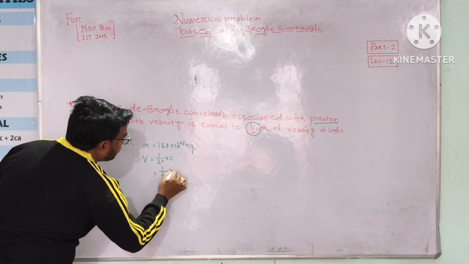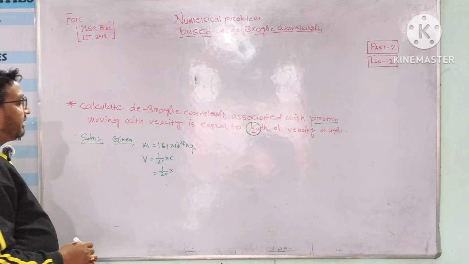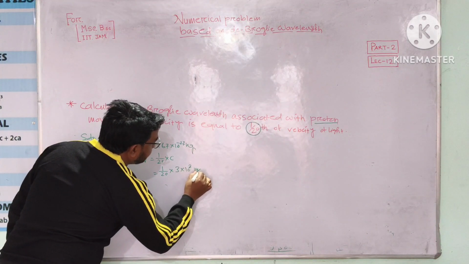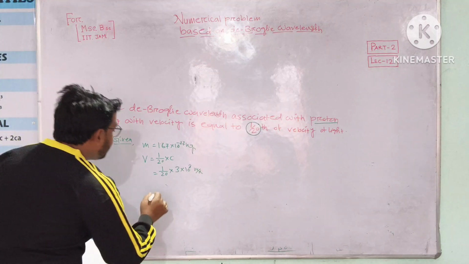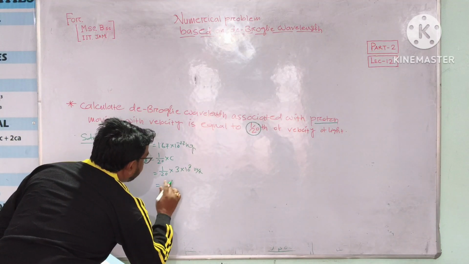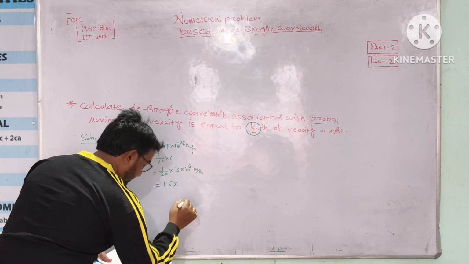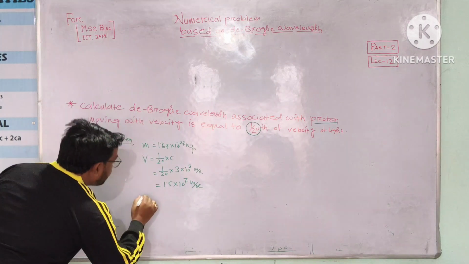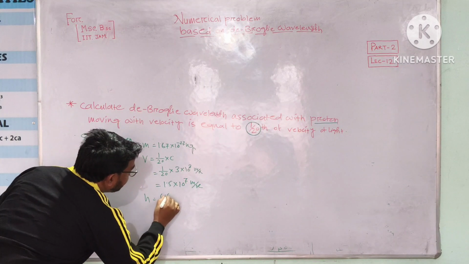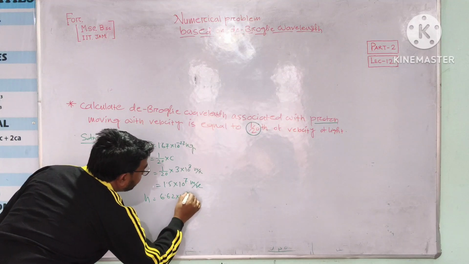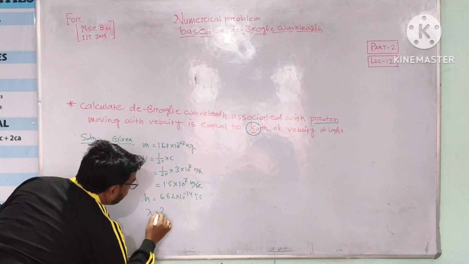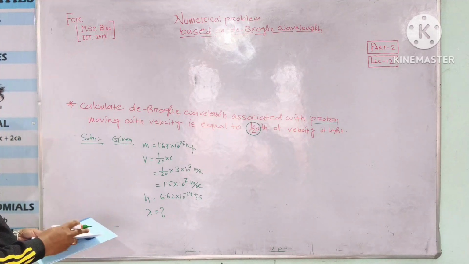We know that the speed of light in vacuum equal 3 into 10 to the power 8 meter per second. This is equal to 1.5 into 10 to the power 7 meter per second, and also Planck constant h equal 6.62 into 10 to the power minus 34 joule second, and lambda equal what?